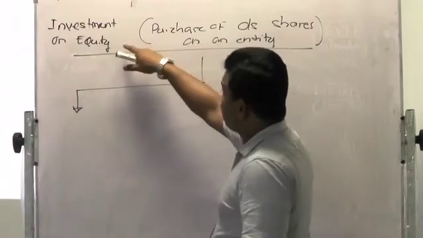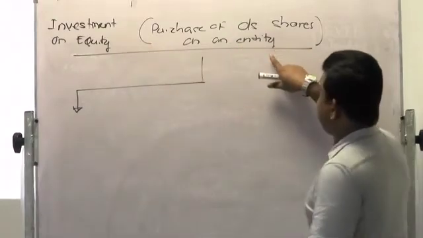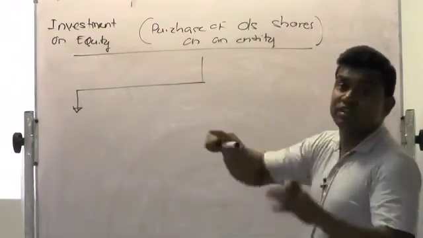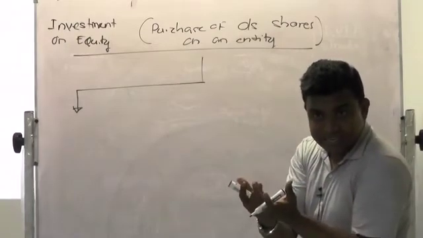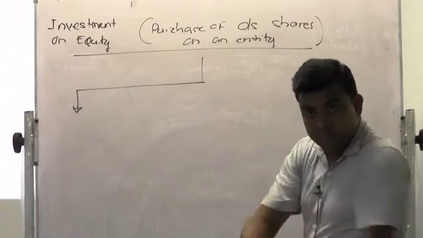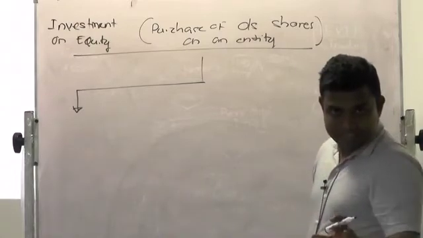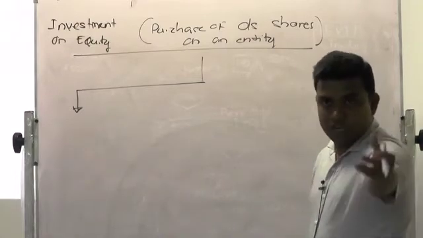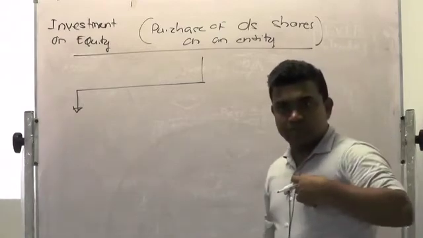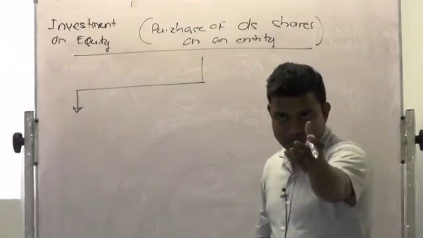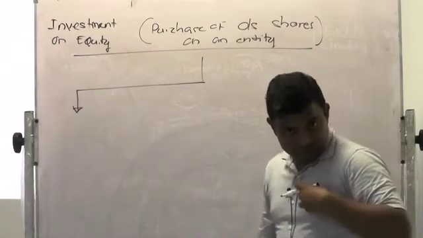You are the investor in another entity called the investee. I will buy shares, you will issue shares. I have an investment, you have an equity instrument. You are the investee, I am the investor.